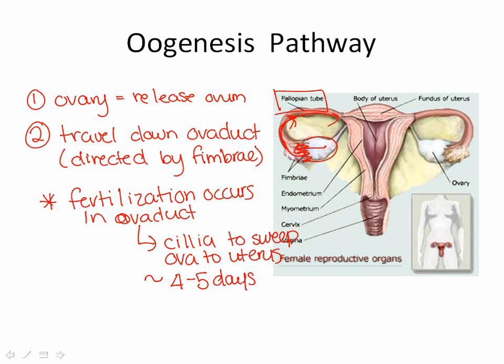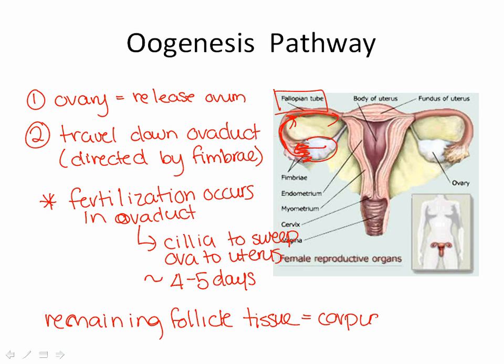And again, after the egg is released, what's left over is called the corpus luteum. So the remaining follicle tissue after that egg has been released, we call this the corpus luteum.